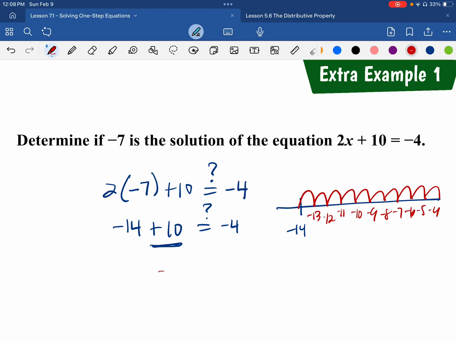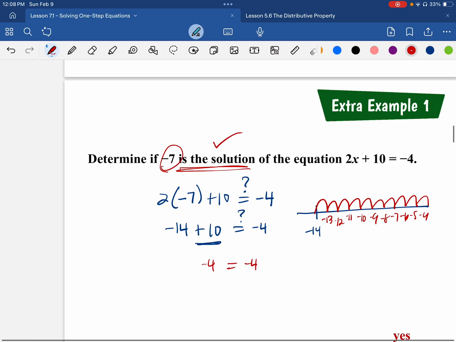So we have negative 4 equals negative 4. So negative 7 is the solution. Check. Yes, it is. We evaluated the equation to figure out that yes, negative 7 was the answer. So that's one way that we can look at solving one-step equations. The next way, we're just going to talk about what actually solving equations means.